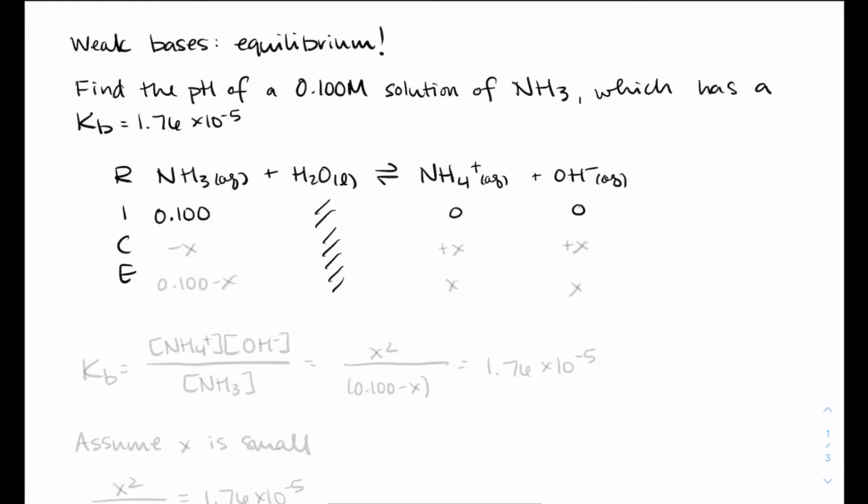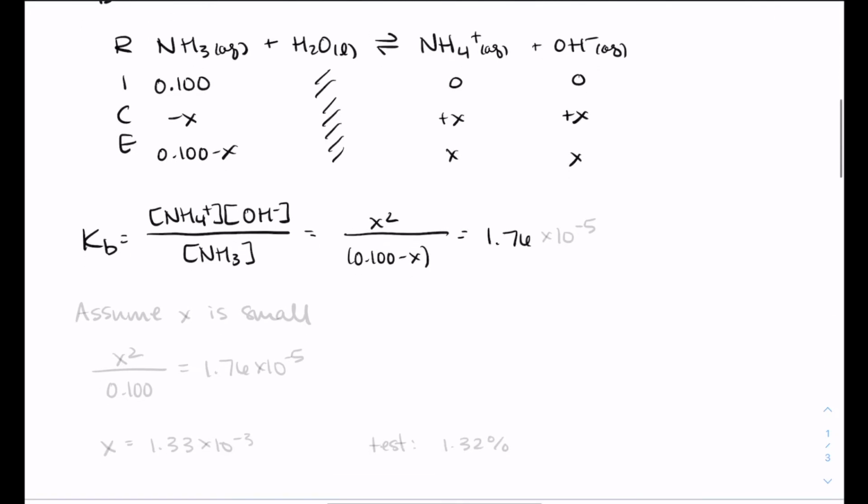If I want to calculate the pH of this, I need something at equilibrium. And pH implies I need an H plus at equilibrium. But if I put NH3 in solution, it's going to react with water to produce NH4 plus and OH minus. The OH minus it produces is why this solution is basic.